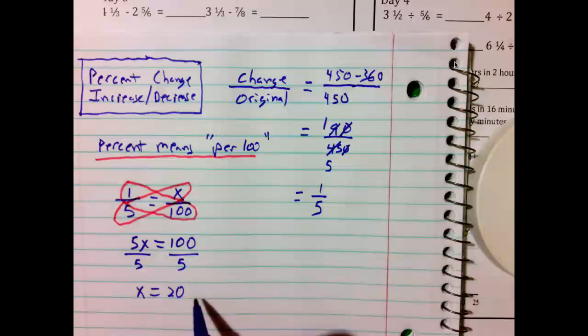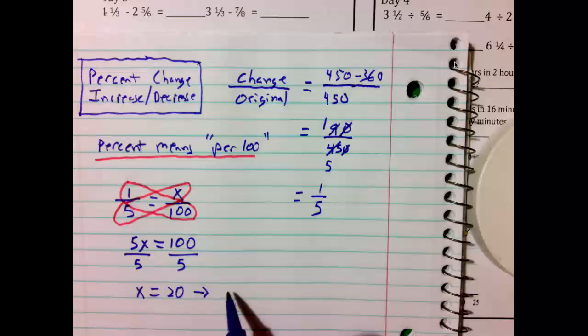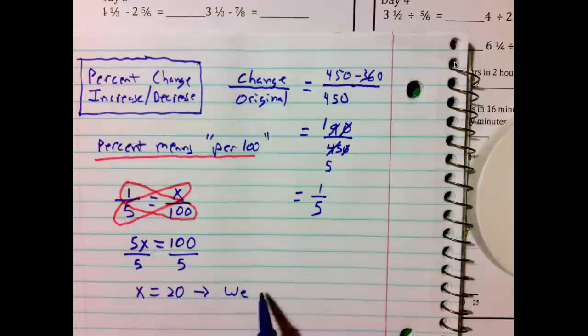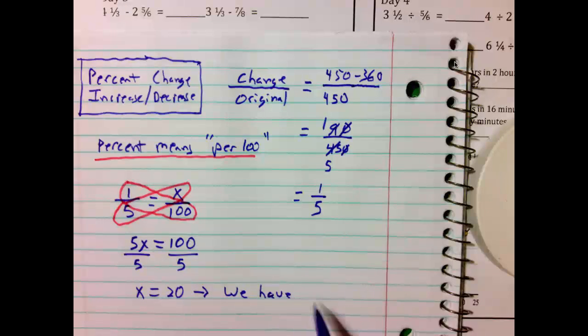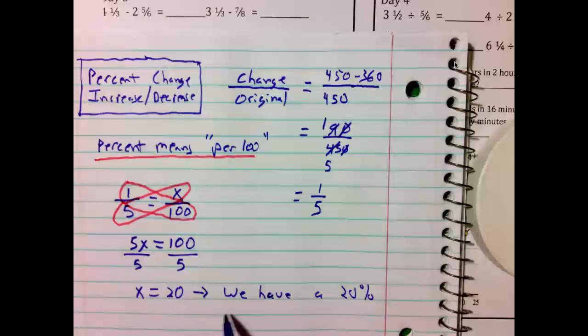X is 20. This is telling us that we have a 20%, in this case, decrease. It went down.